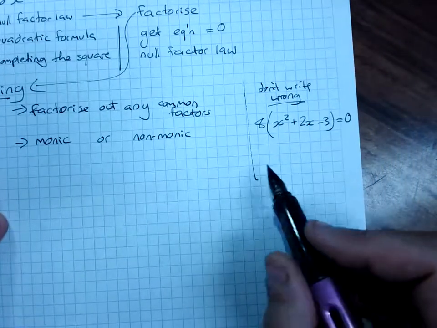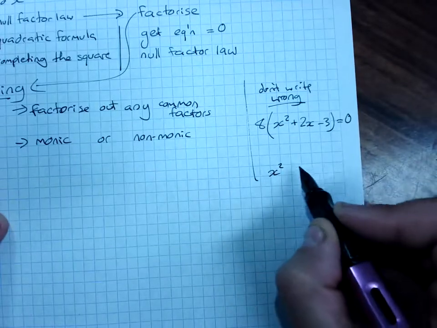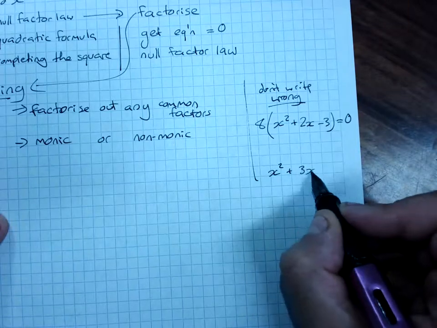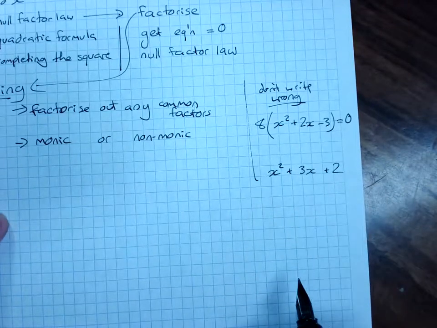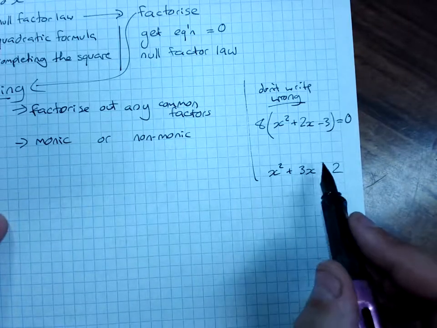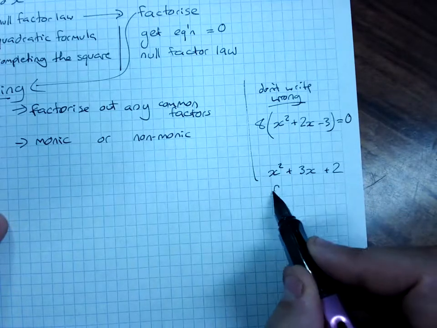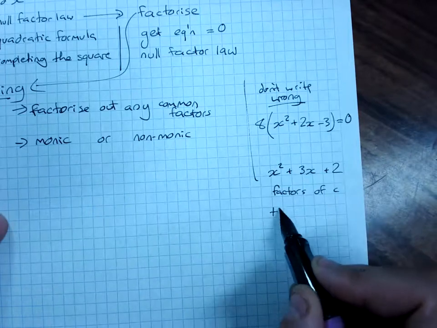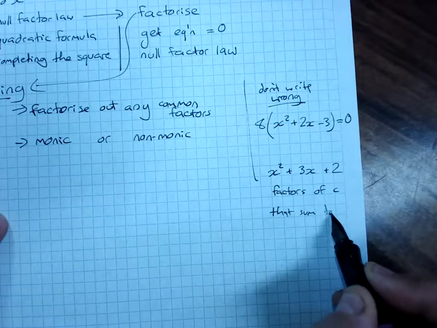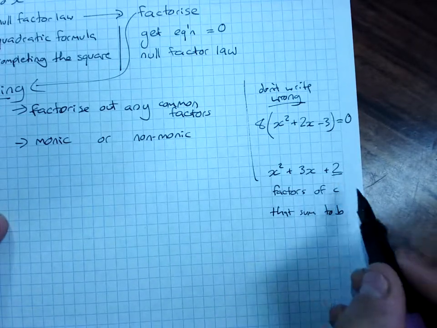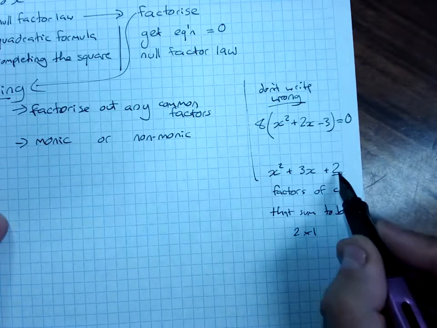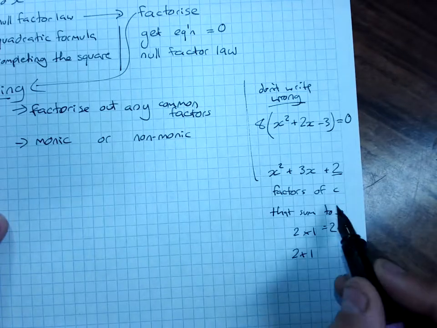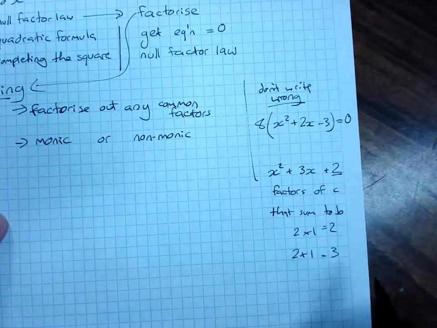So again, don't go writing this, but here's a nice little easy monic. And the method for that, remember, is you look for factors of C, factors of 2, that sum to B. So factors of 2 is 2 times 1, that's factors of C, and 2 plus 1, they sum to give me 3.